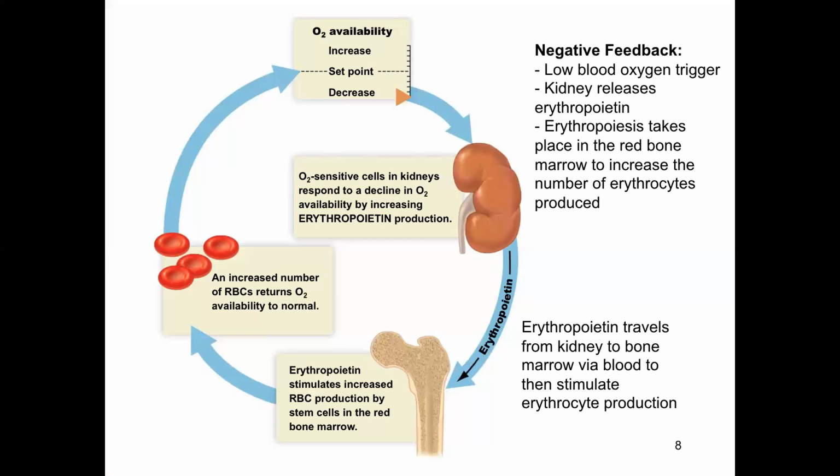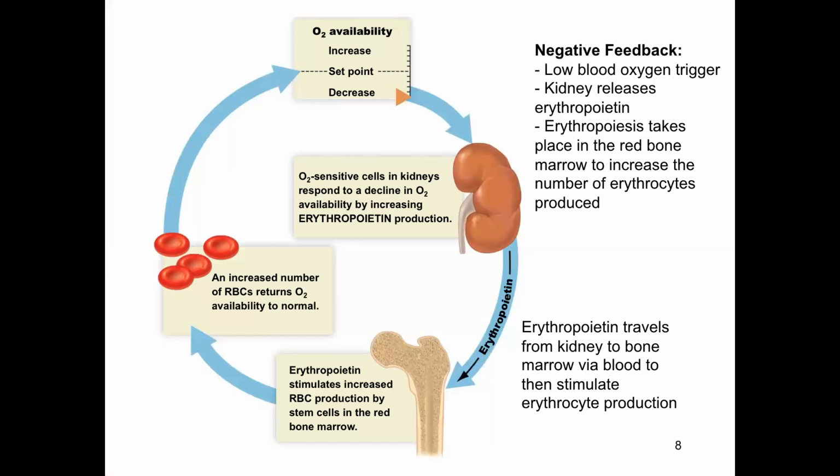So those oxygen-sensitive cells in the kidney, if they sense that the oxygen levels in the blood have dropped, or we don't have enough red blood cells, that's what that translates to, they will release the hormone erythropoietin, and it will travel through the blood to the red marrow, and that's going to stimulate the production of erythrocytes. And so then the stem cell is going to form those red blood cells. They will be released into the blood.